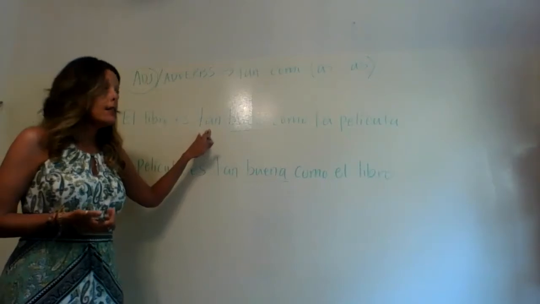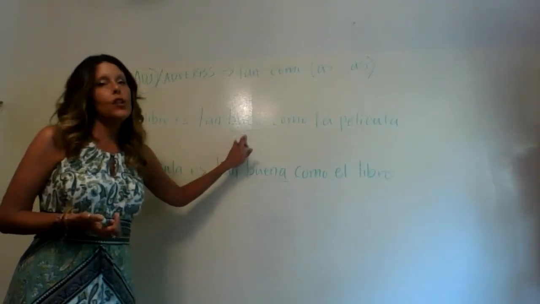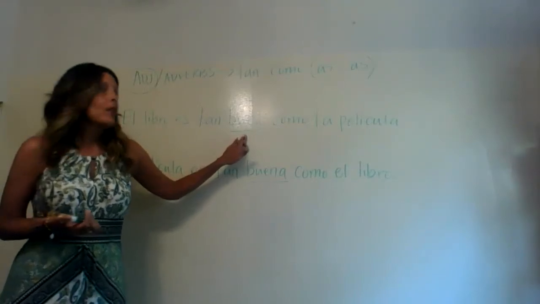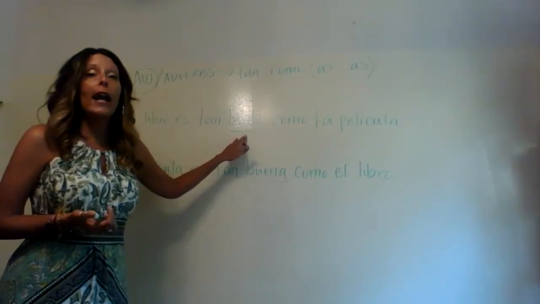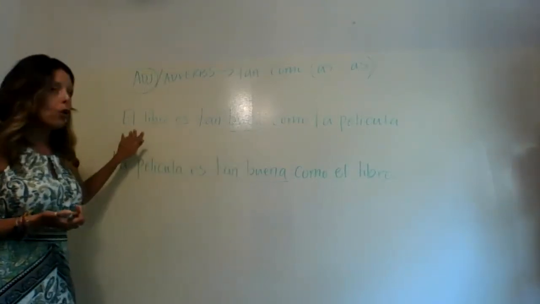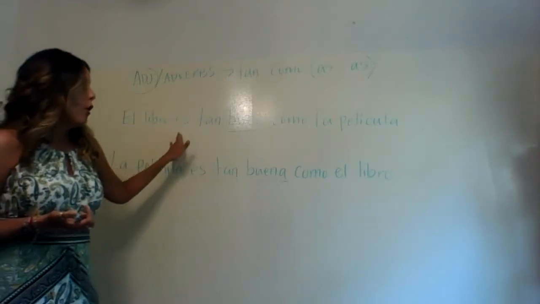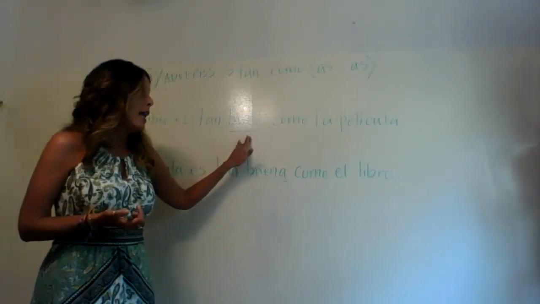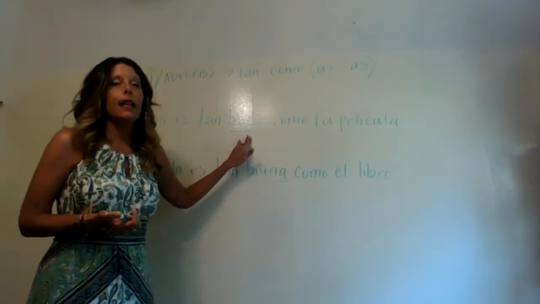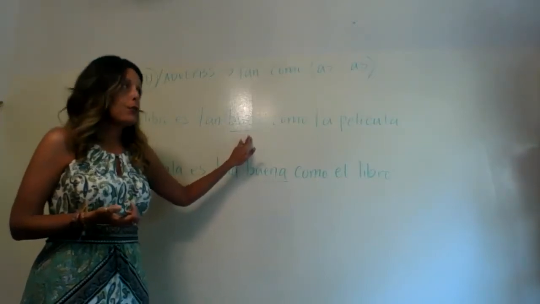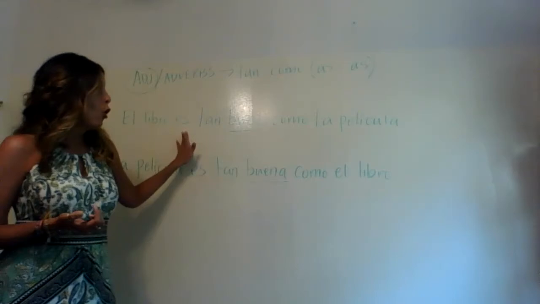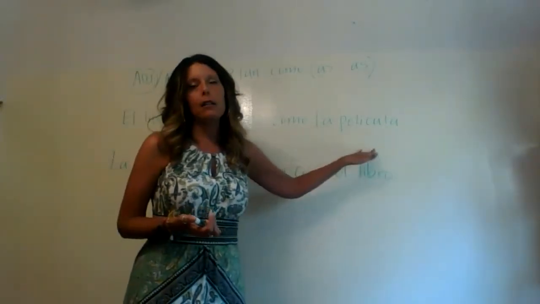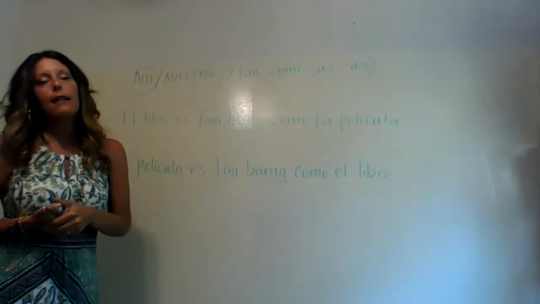Tan is going to stay the same, but our adjective has to change now because it's describing los libros, which are plural, right? So it's going to change to buenos. So it's going to be los libros son tan buenos, B-U-E-N-O-S, masculine and plural to describe los libros. Los libros son tan buenos como las películas. So the books are as good as the movies.